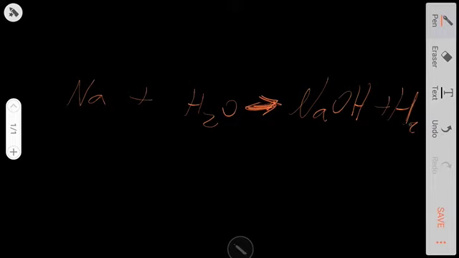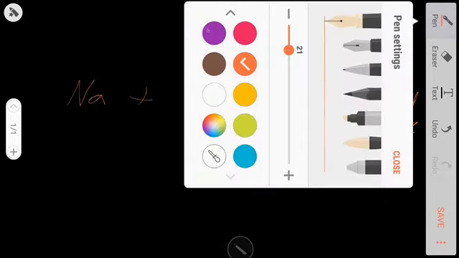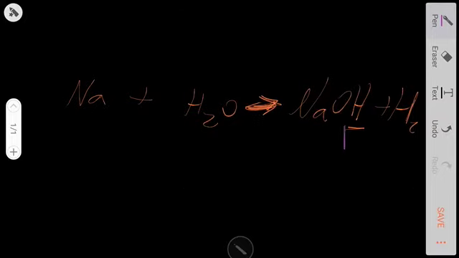Well, this is a nice even number, 2. 1 I can manipulate easily and try to make other, I can multiply by any number. So I can manipulate a 1 easier than I can manipulate a 2. So let's keep that in mind. First off, we've got 1 sodium, 1 sodium.